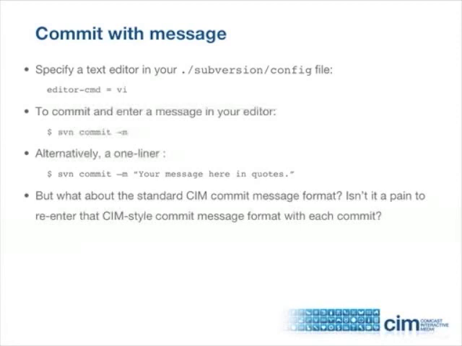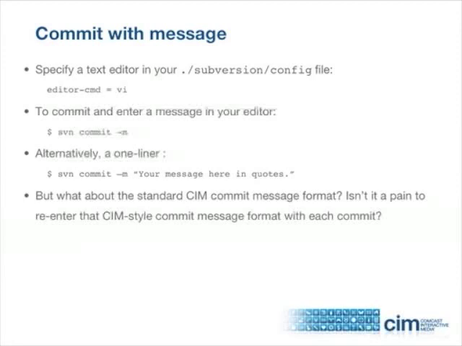So once you've specified an editor, you can commit with a message by running svn commit. This will open a file in your specified editor inside of which you can write your commit message, save and close it, and then that commit message will be saved alongside your change set.